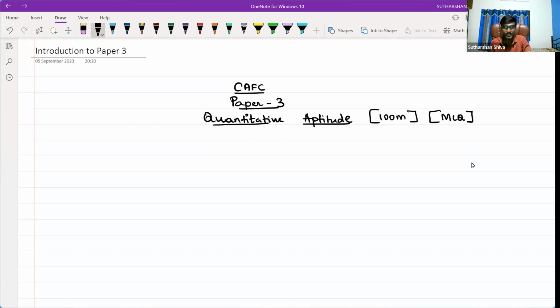First, I will cover the syllabus and then I will go through the strategy part. This Quantitative Aptitude has been bifurcated into 3 parts.